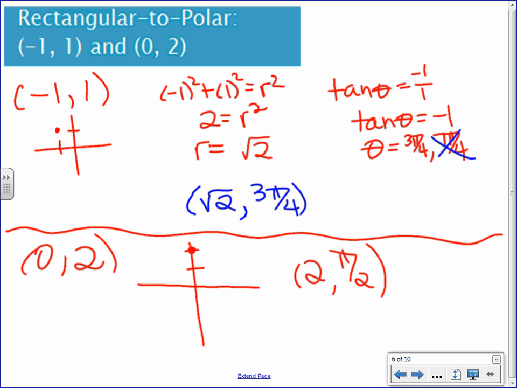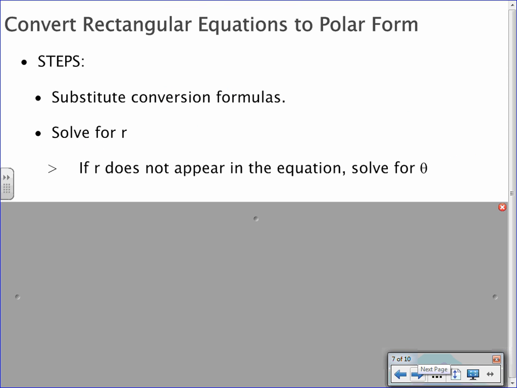Great. Awesome. Okay? Now what we're going to do, we talked about going from coordinate to coordinate. Now we're going to talk about going from equation to equation. So, this is what I want you to do. First, we're going to work from going rectangular to polar with our equations.